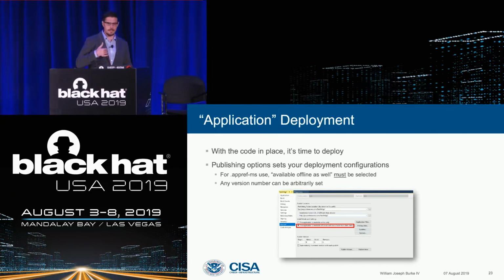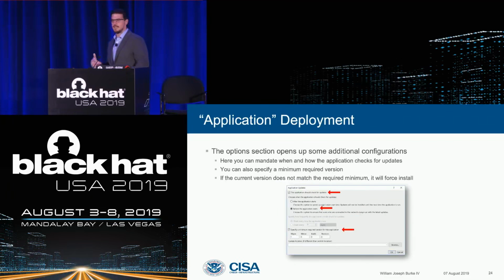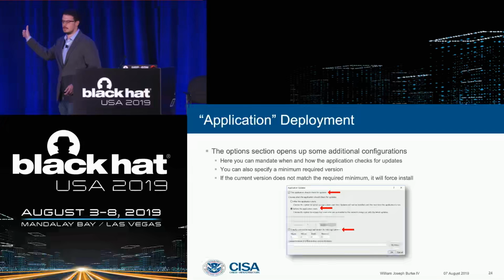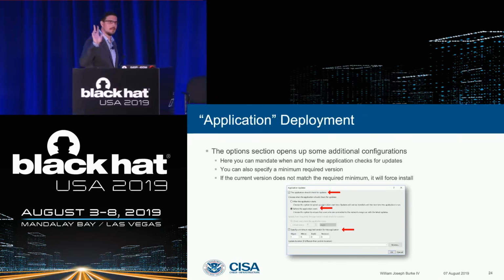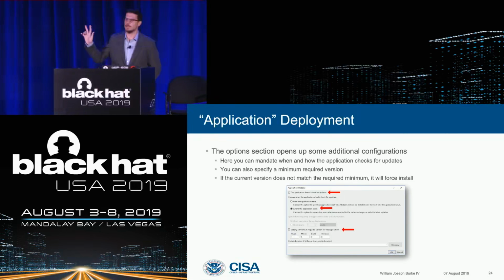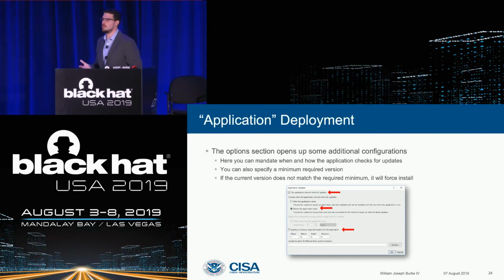So we publish as online and offline, and then you can arbitrarily set whatever version number you want. Digging into the options from there, you can specify the application should check for updates. It should check before the application starts. And here's the minimum version number that we want to be run on this system. And that in particular comes into play once we start talking about that C2 management side of the house.